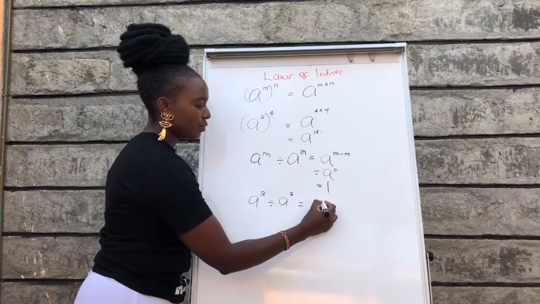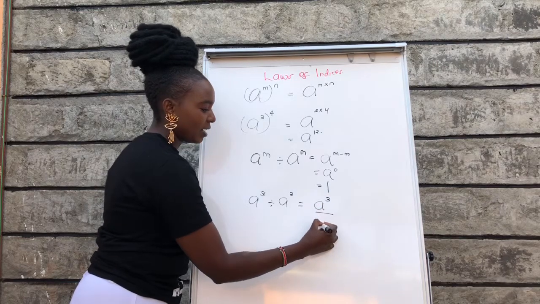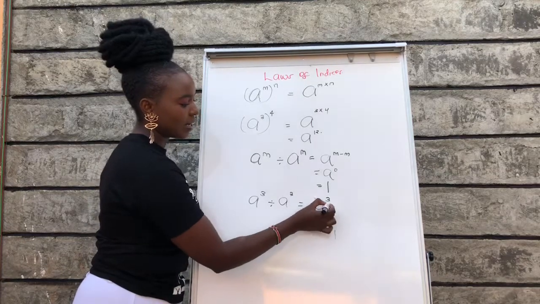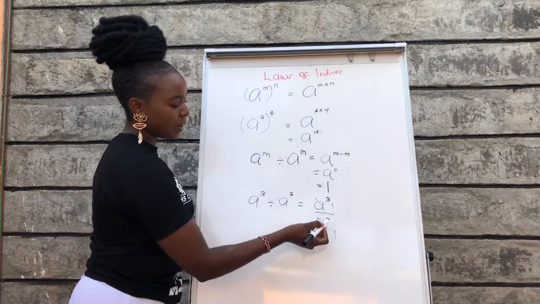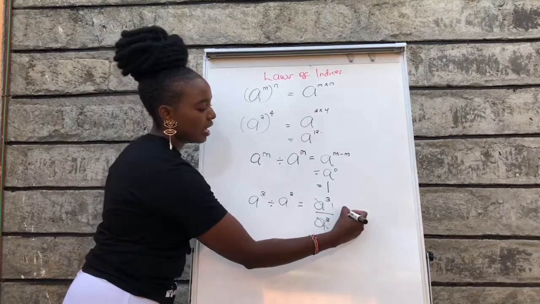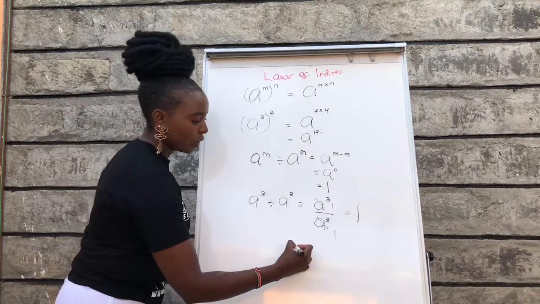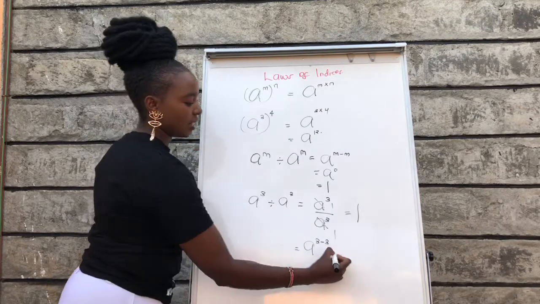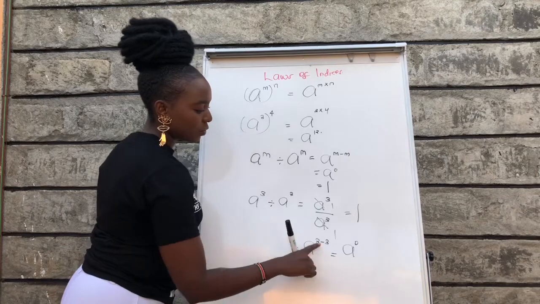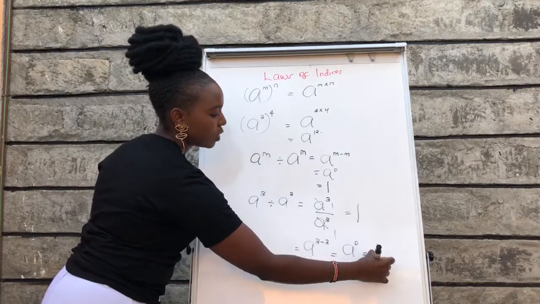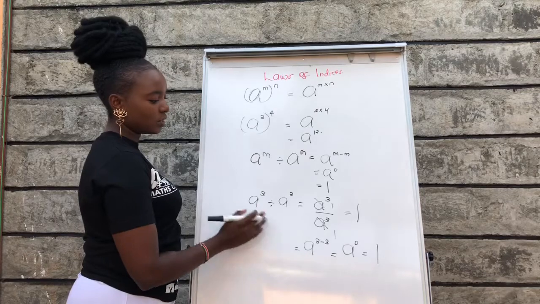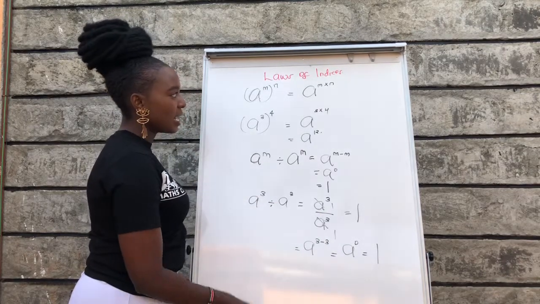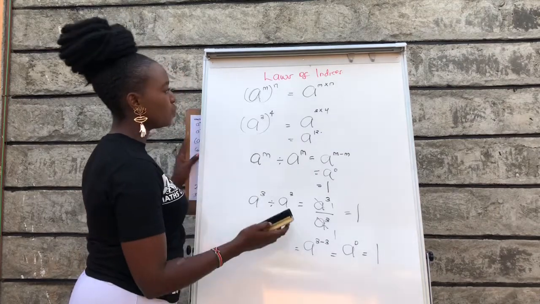This becomes a^3 over a^3, which cancels to give 1. Or you can choose to say a^(3-3) because of the division sign, and this becomes a raised to 0, because 3 minus 3 is 0, and this becomes 1. So as you can see, using the two formulas, your answer remains 1. That is the first thing that we learned today.